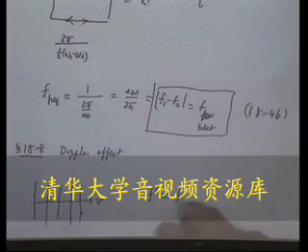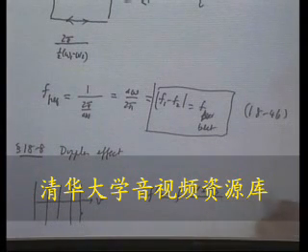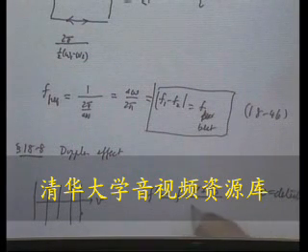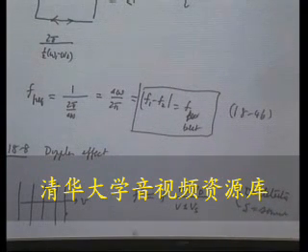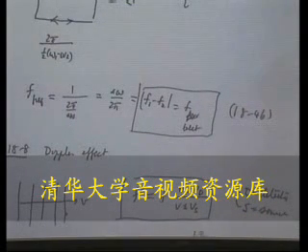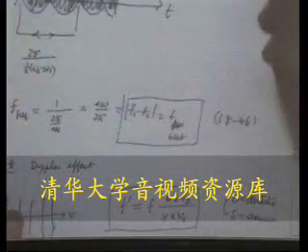So the new frequency is equal to the old frequency times (v plus or minus v_D) over (v plus or minus v_S), where D is the detector and S is the source. I know that you have all learned that in high school already.